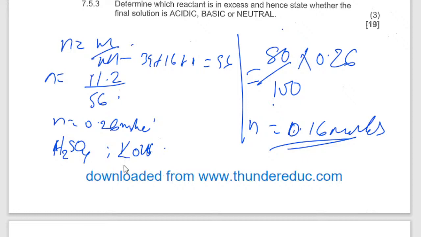We saw that the potassium hydroxide is 0.16. If this is 2, then this is going to be half of it, which is 0.08. You see?